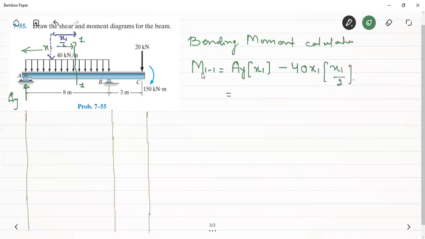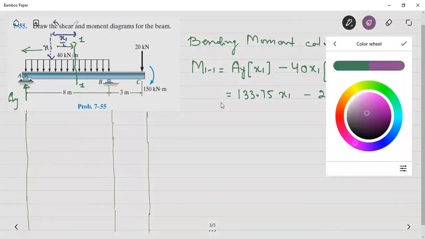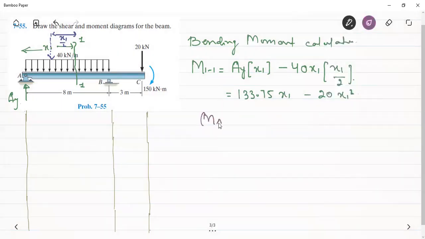So the moment at section 1-1 will be equal to A_y x1 minus 20 x1 square, that is, 133.75 x1 minus 20 x1 square. To calculate the bending moment at A, we substitute x1 equal to 0, and we get that the bending moment at A is equal to 0.